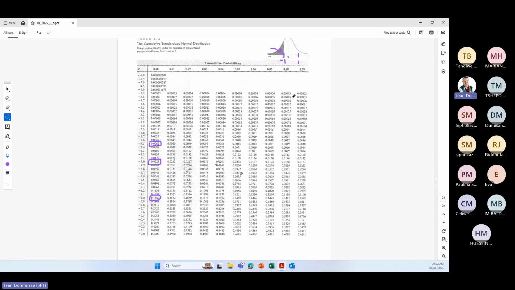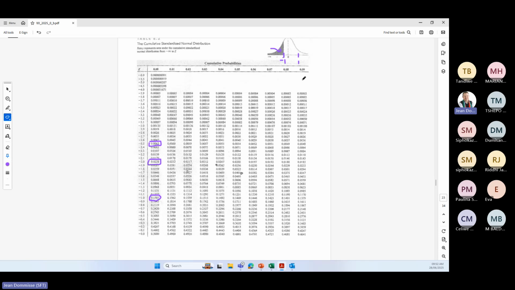So now we don't have a Z. We've got 0,0082. So we will need to find that 0,0082 in this part of the data, not in the Z's, but in the probabilities.